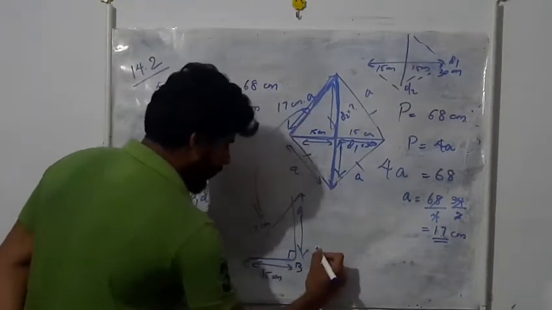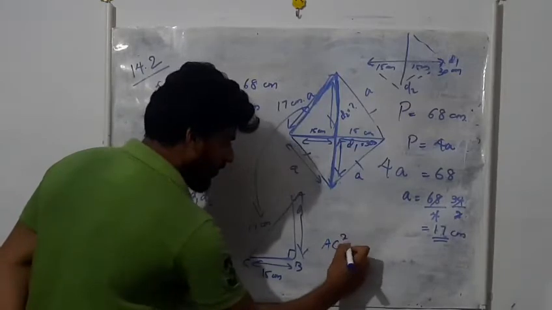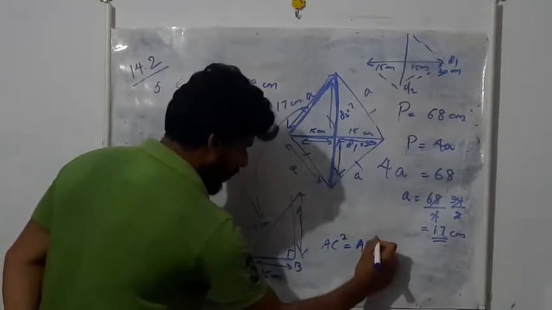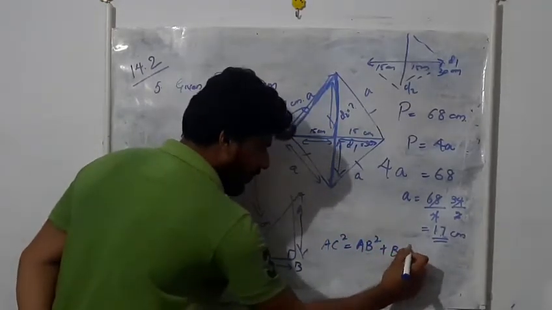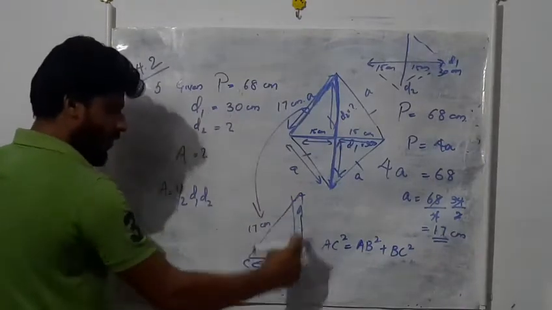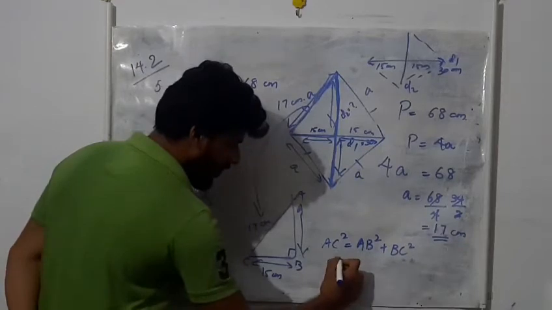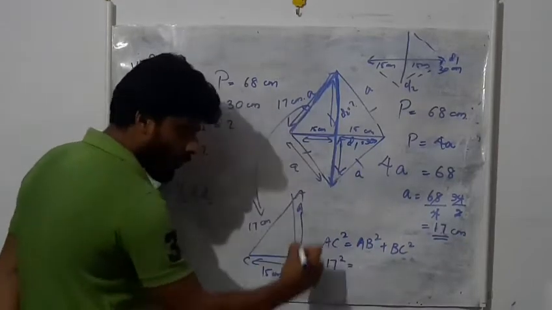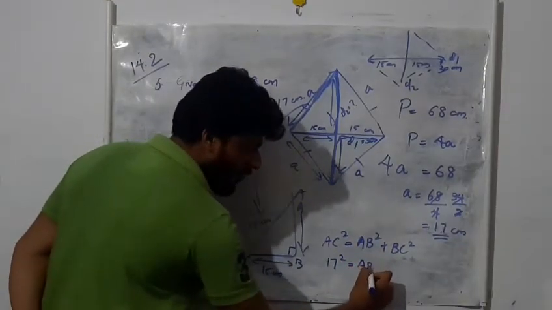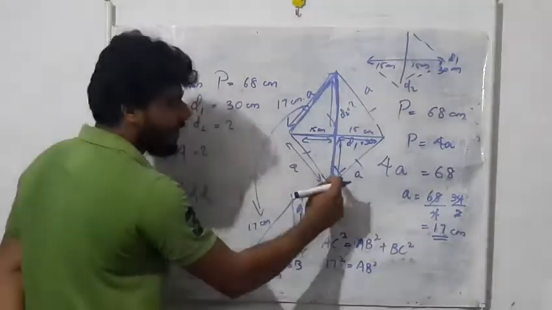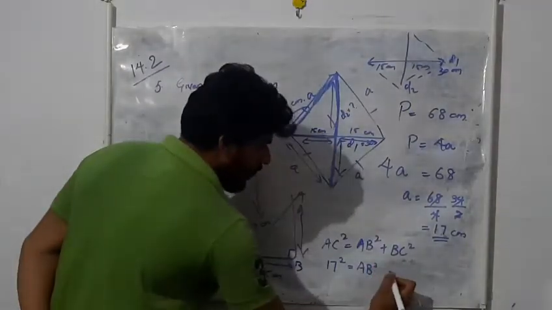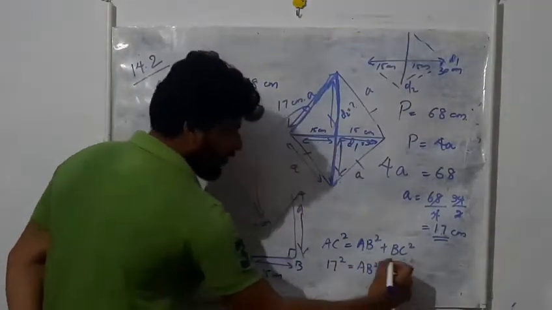According to Pythagoras theorem, AC square is equal to AB square plus BC square. AC is our hypotenuse, 17, so 17 square is equal to AB square, which is the one we need to find, and AB means half of the whole diagonal D2, plus BC square.